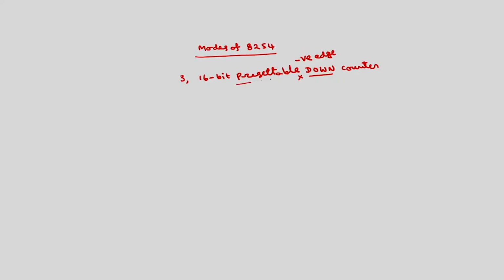So what is meant by presettable? Presettable means we can preset the flip flops. Basically in a counter we will have flip flops, and each flip flop can have 2 operations, preset and clear. In order to do this, there will be 2 signals called preset bar and clear bar for any counter. If preset bar is 0 and clear bar is 1, then Q is equal to 1. This is called the preset operation.